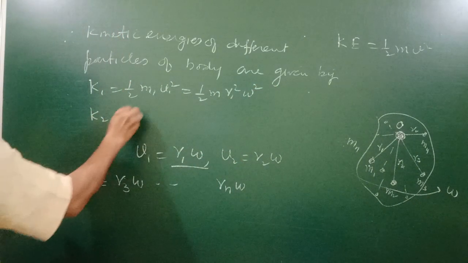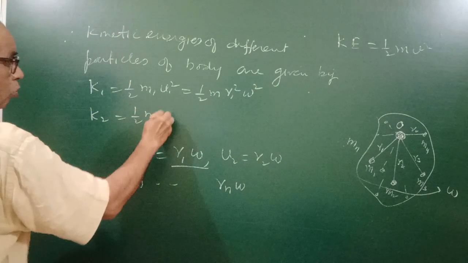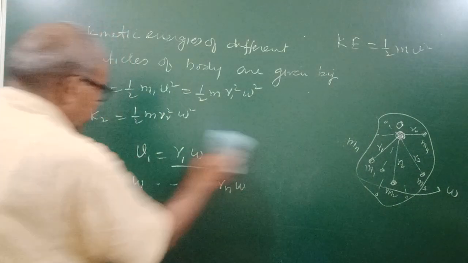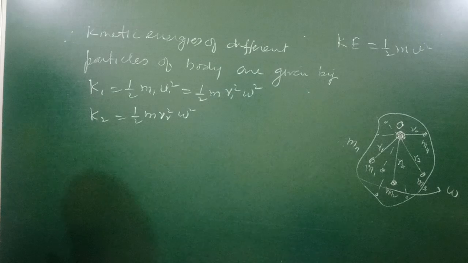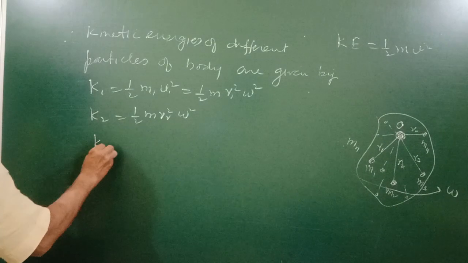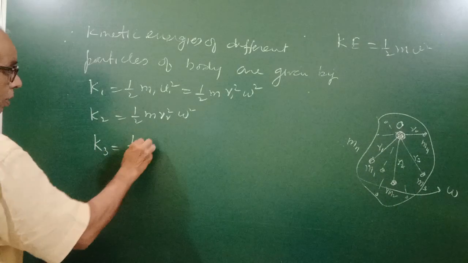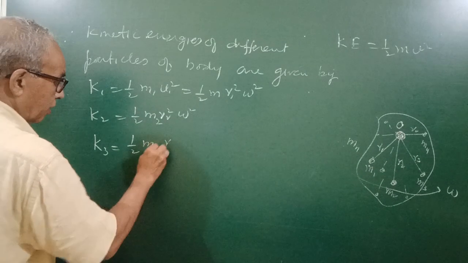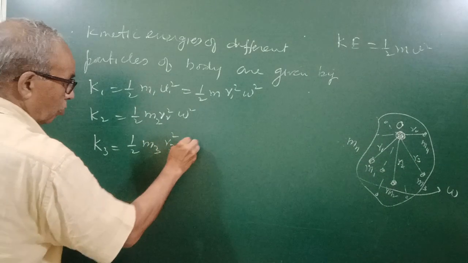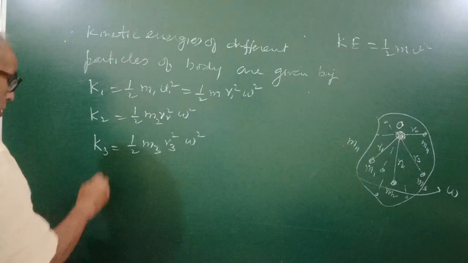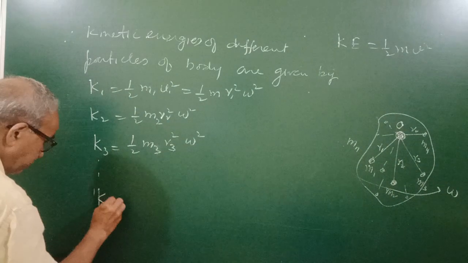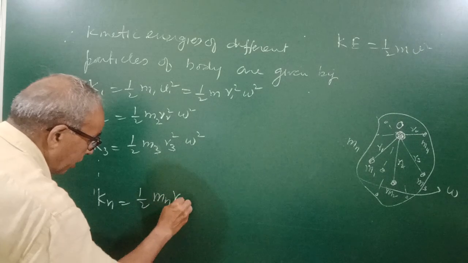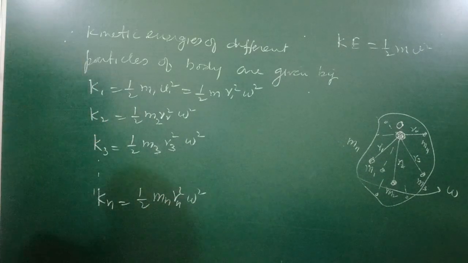K2 similarly equal to half m2 r2 square omega square. K3 equal to half m3 r3 square omega square, and so on up to Kn equal to half mn rn square omega square.